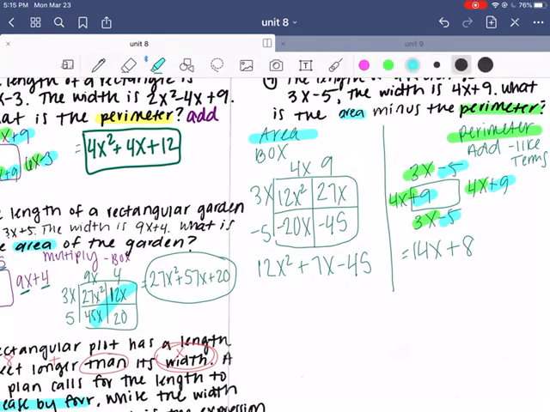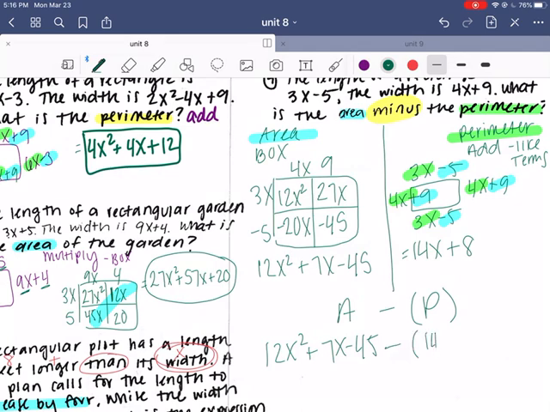Now that I have both of those things, don't forget the thing it wanted you to do, which was to subtract the area minus the perimeter. If you're subtracting, don't forget to put that second thing in parentheses and keep change. 12x squared plus 7x minus 45 minus 14x plus 8.